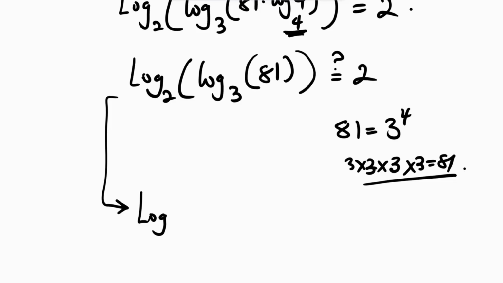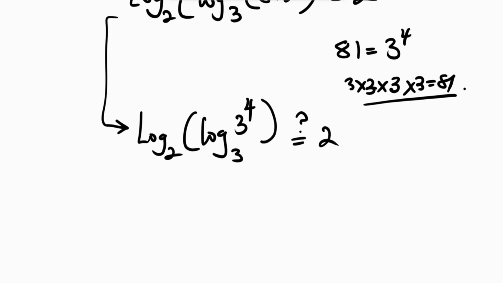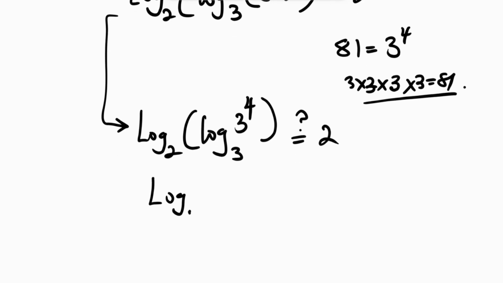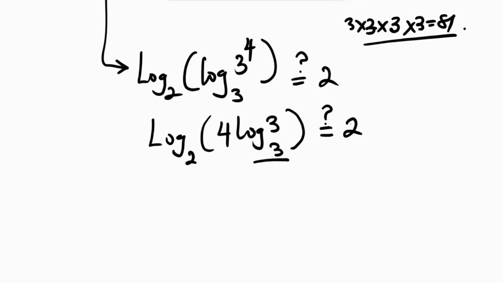This now becomes log to base 2, log to base 3, 3 raised to the power 4. Let's see if it's going to be equal to 2. So this now becomes 4 log of 3 base 3. And log of 3 base 3 is equal to 1.